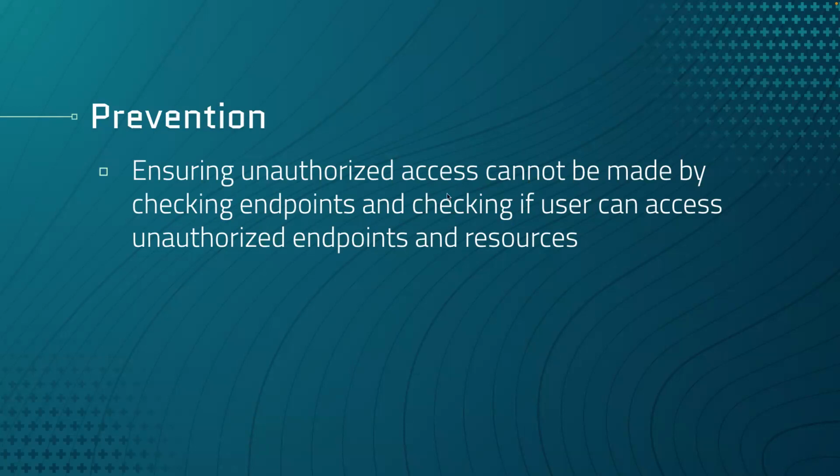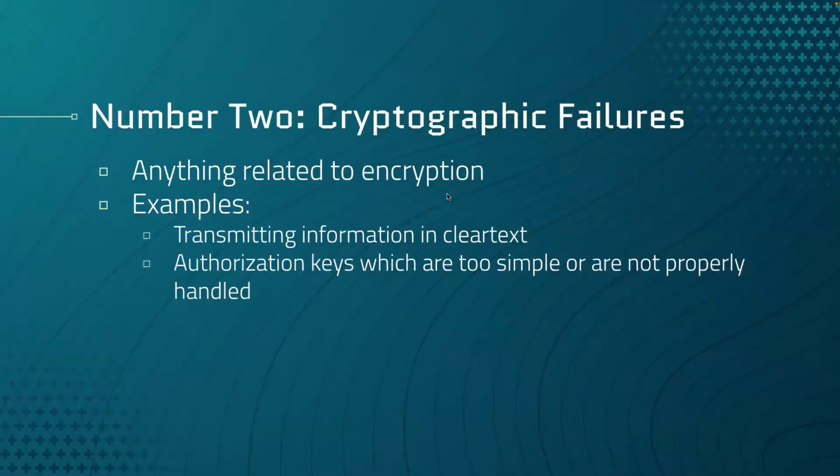All right. Number 2, cryptographic failures. This is a very common one, and it was more common in the past when people were switching from HTTP to HTTPS, because the reason for that switch was so we didn't have to send cryptographic keys that were unencrypted.